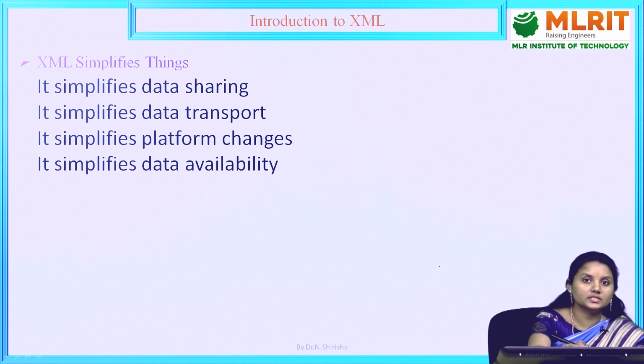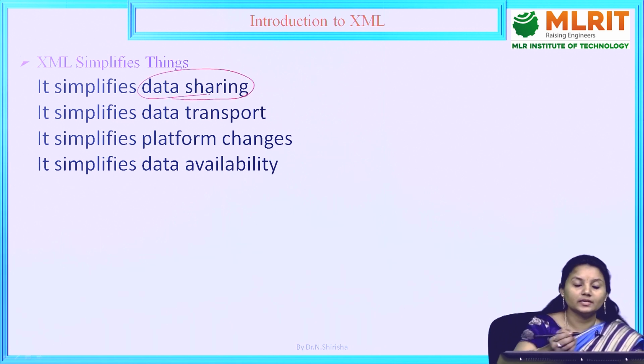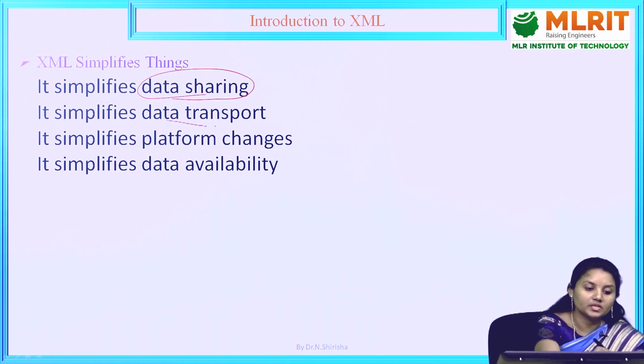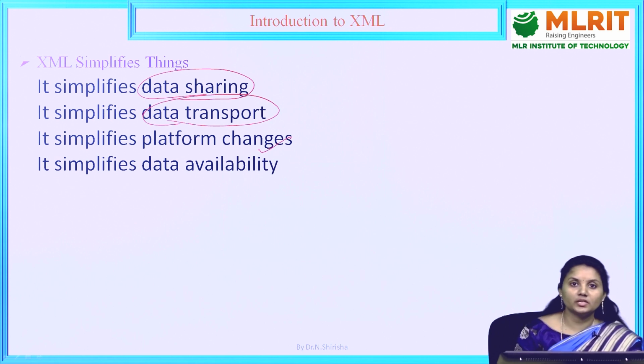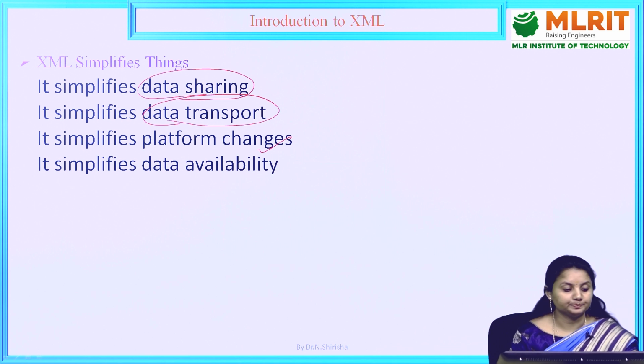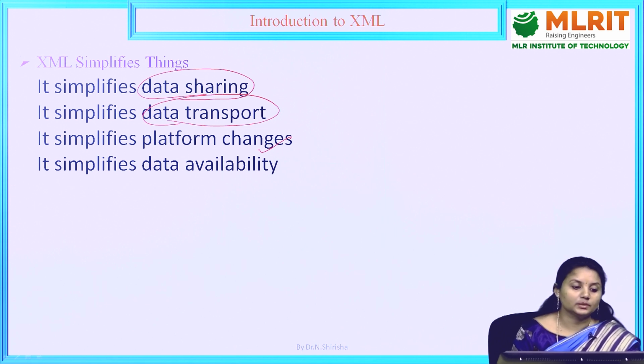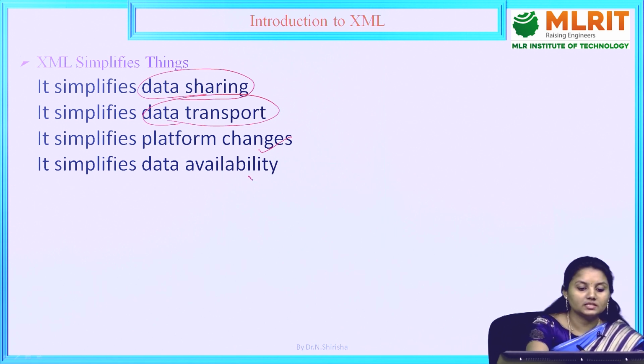How it simplifies: data sharing can be done, data transportation can be done, and it simplifies platform changes. You can use it in any operating system. Irrespective of the operating system, you can use XML for sending the data. So, platform changes and data availability.